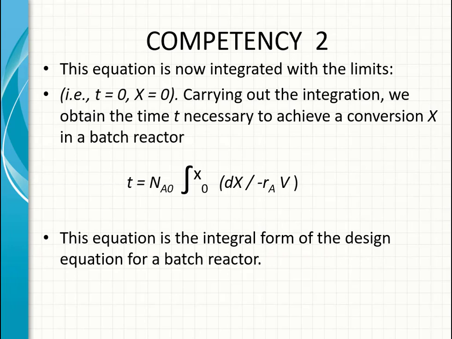And carrying out the integration, we obtain the time necessary to achieve a conversion X in a batch reactor. So the time t is equal to Na0 times the integral from 0 to X of dX divided by minus Ra times V. And this equation is the integral form of the design equation for a batch reactor.